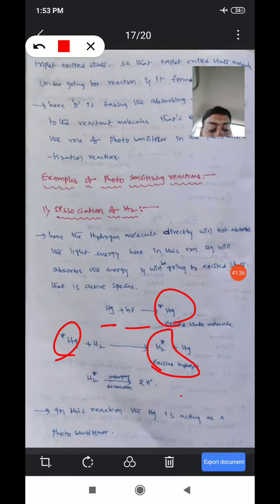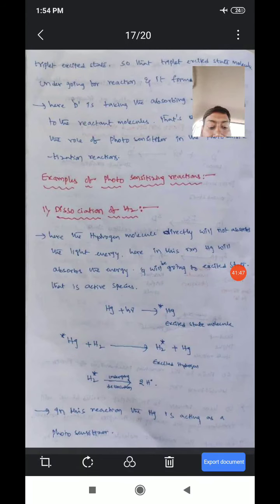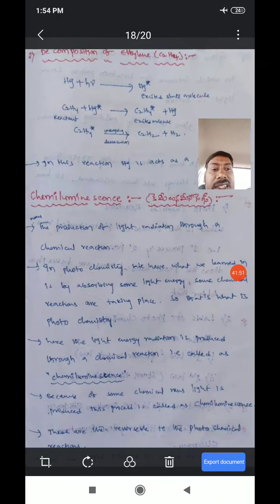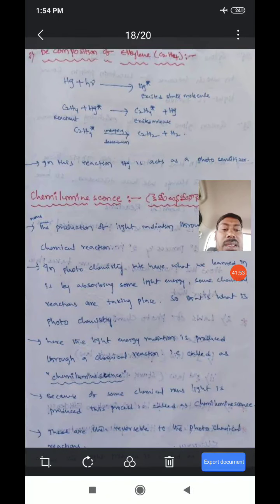So in this reaction, mercury is acting as a photosensitizer.